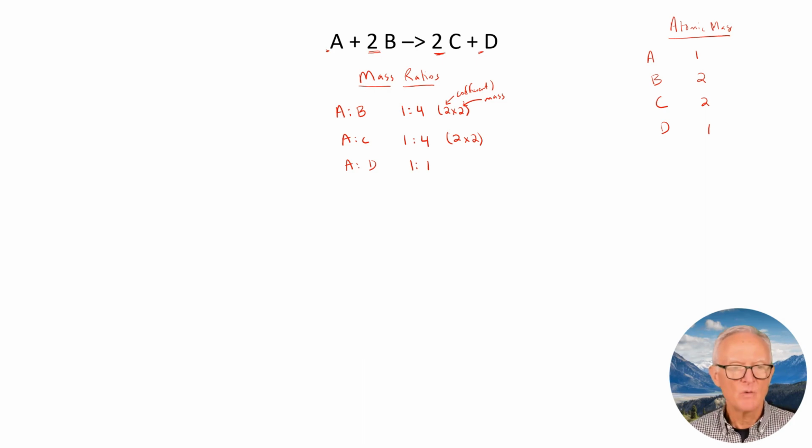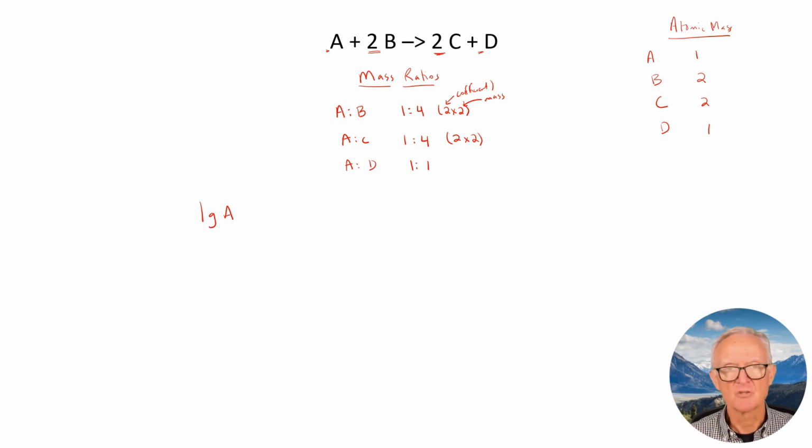So let's say we have 1 gram of A, and we want to know how much B we need to pull off our shelf in our chemical lab. How much B would we need to fully react with 1 gram of A?